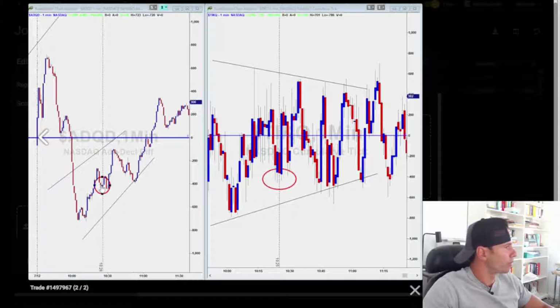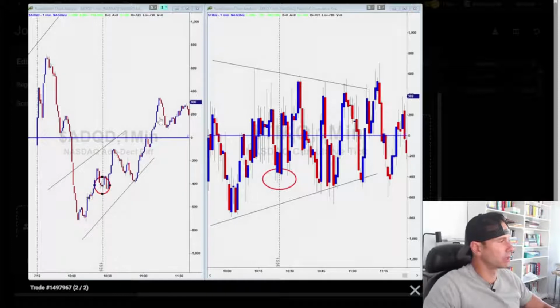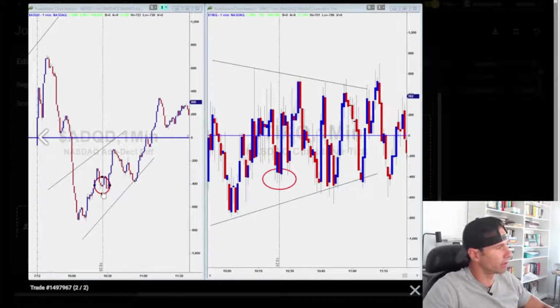So here is not a bad move because the ADQD was starting to retrace to the upside, and when it started to come back down, meaning this is the corrective move, for me this was the impulse direction. The corrective move on the ADQD.